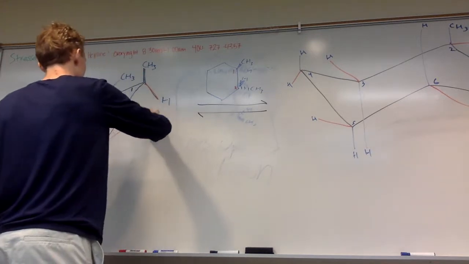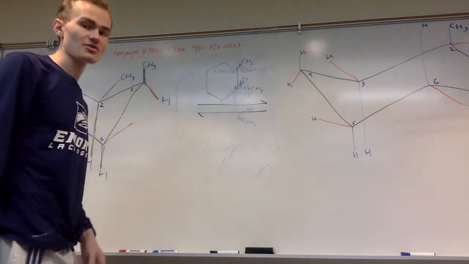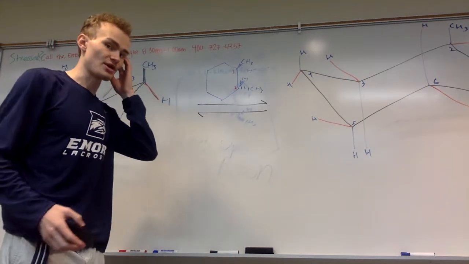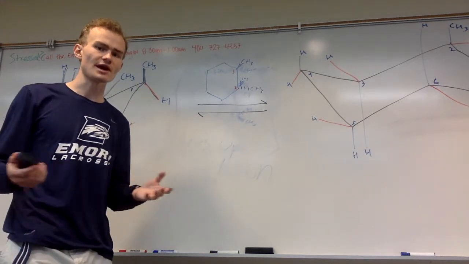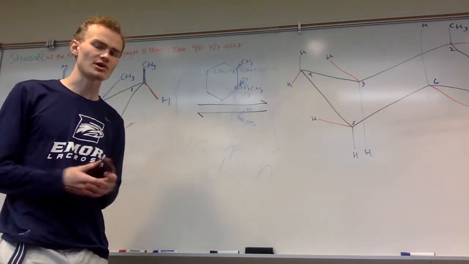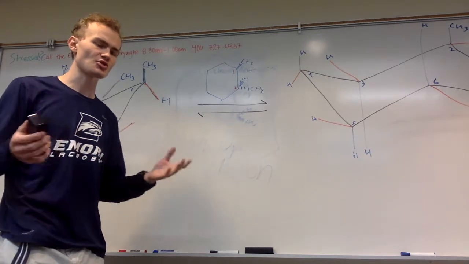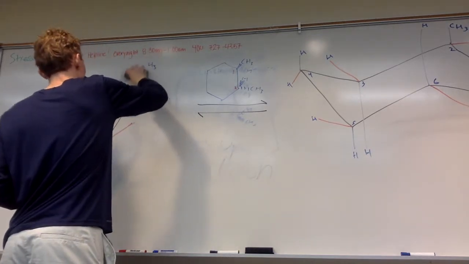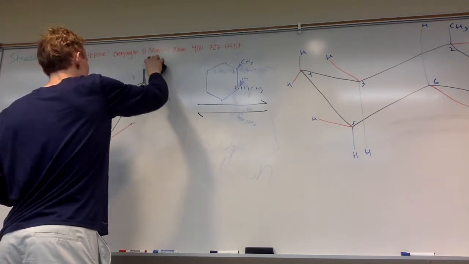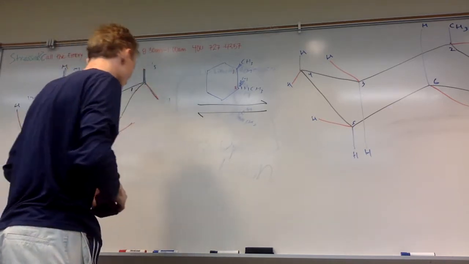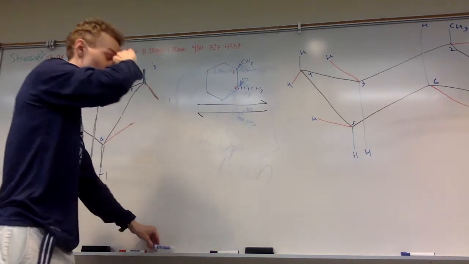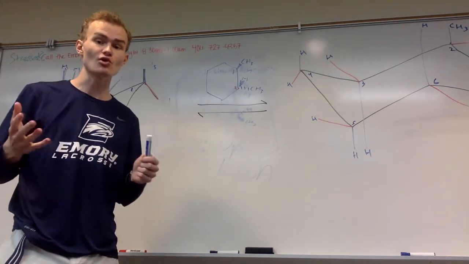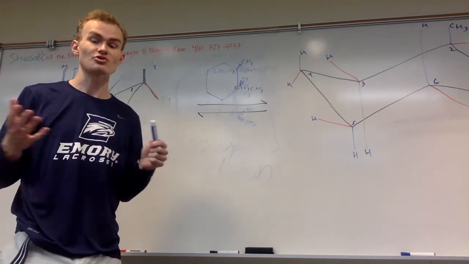I assume by now that you all know how to draw the chair conformation. So this is just a matter of putting the substituents on. Remember, my rule is wedges up, dashes down.